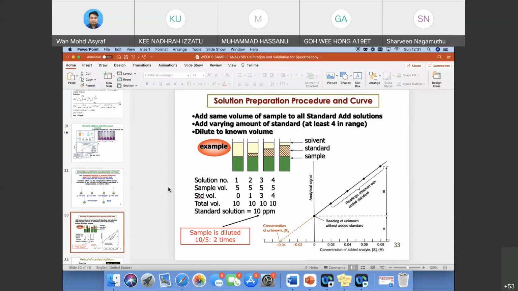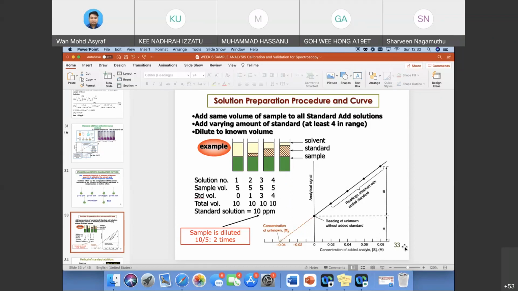Alright, sorry. So when you do your analysis, your first tube here is your sample, only your sample lah, kan, sample with a solvent lah. In the standard addition method, the calibration curve has the analytical signal, which is the same. But for this one, the x-axis is the concentration of added analyte. Alright, so for the first one here, the concentration of added analyte is 0 lah, because there is no standard added.